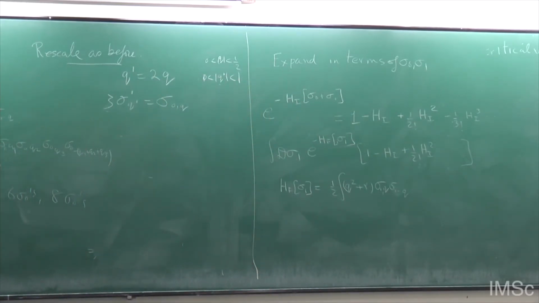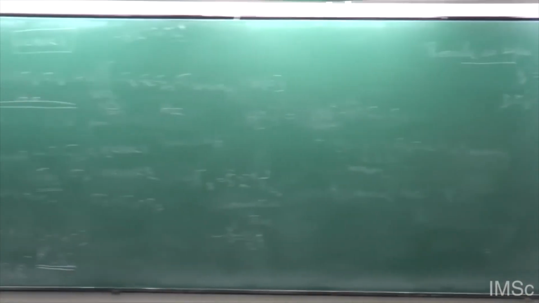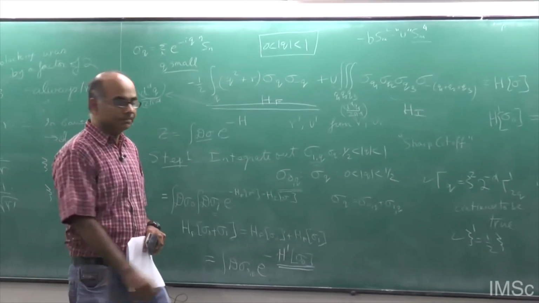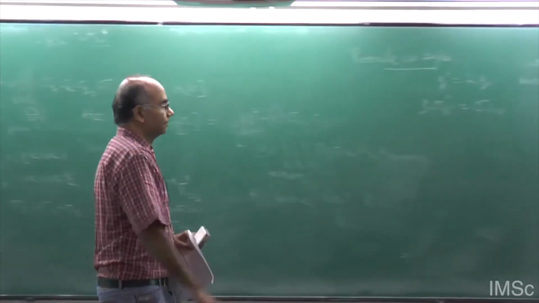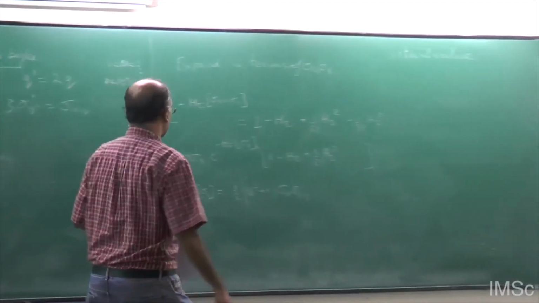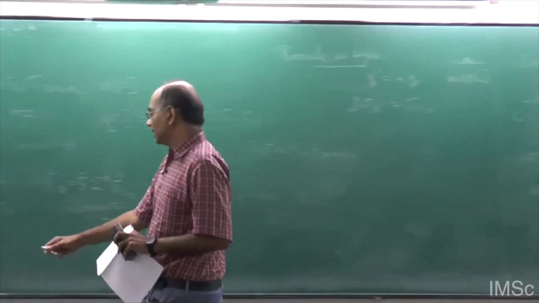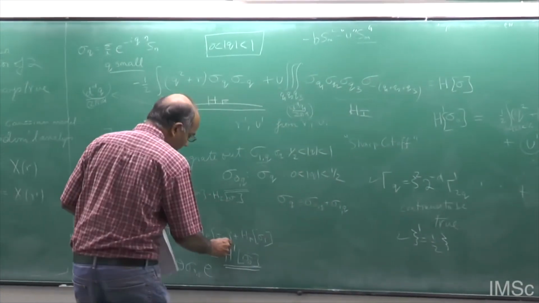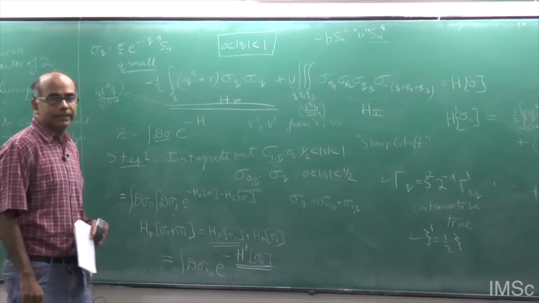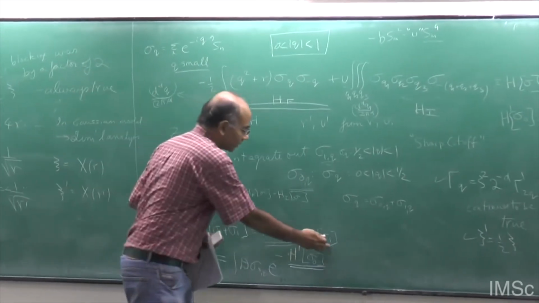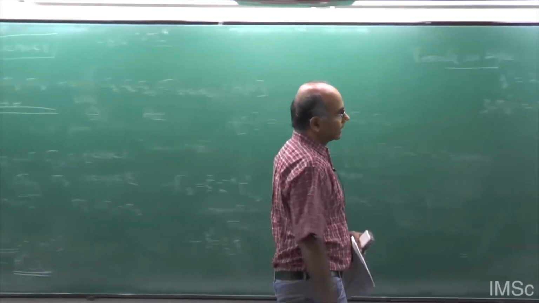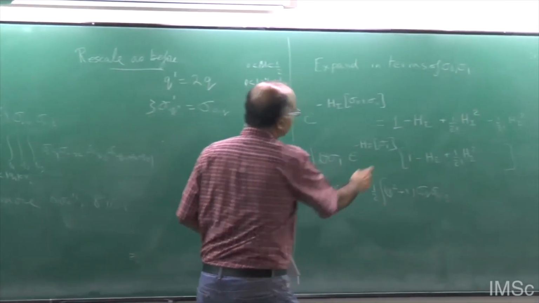Because remember the free part just breaks up and it's just the original one. So this is always there, doesn't do anything, it just comes along for the ride. All the non-trivial integral is done with this as your weight, so we have to do that integral.